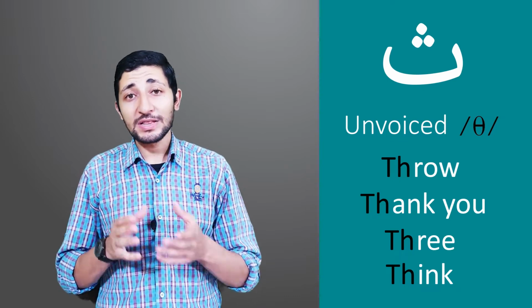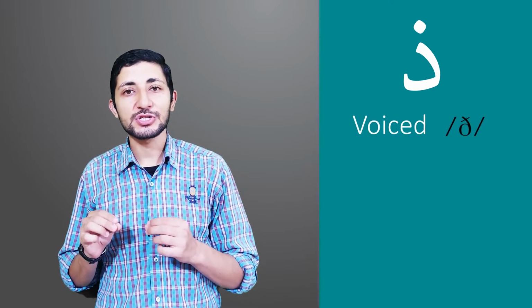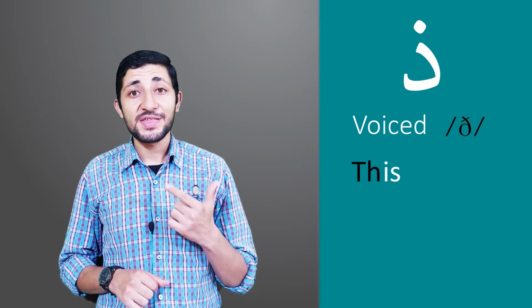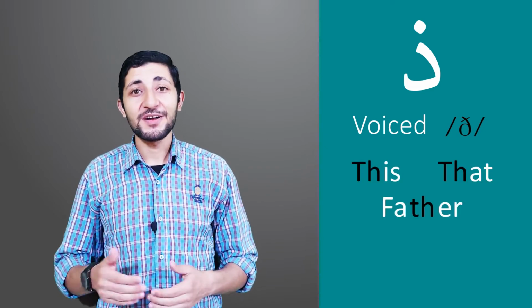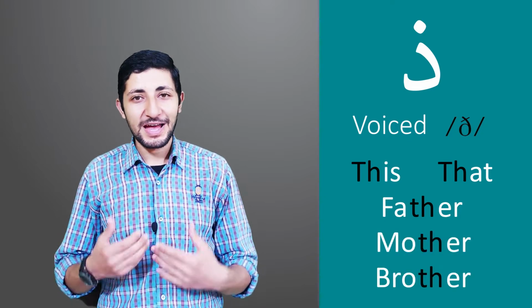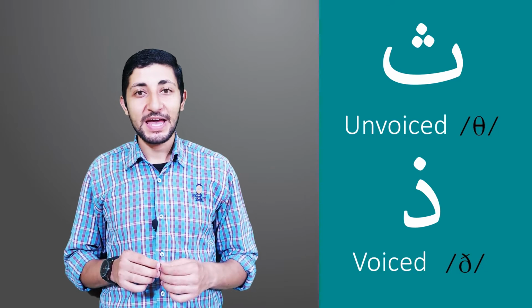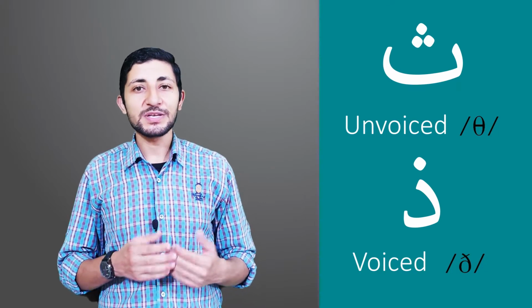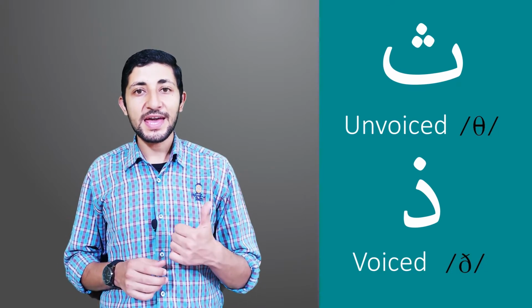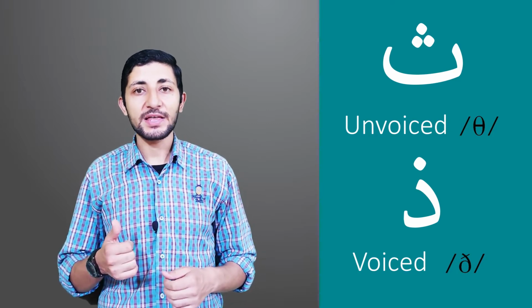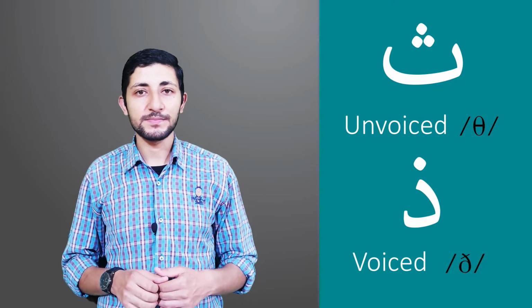While the second one represents the voiced th English sound, like in this, that, father, mother, brother, and so on. So these 2 sounds are easy to distinguish, and we already presented 2 examples in the lessons. The, like in ثعلب, a fox, and the, like in ذيل, a tail.